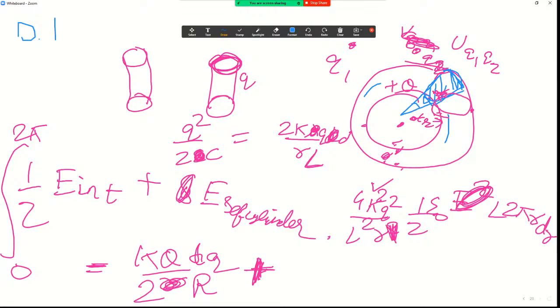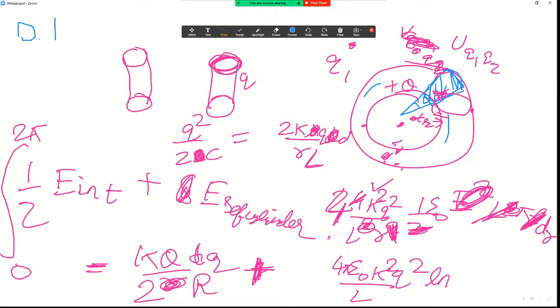So one r gets eliminated and this 2 also gets eliminated. So we have 4 epsilon naught k square q square, L gets eliminated by L, pi and ln. Okay, that comes to infinity. So this is useless.